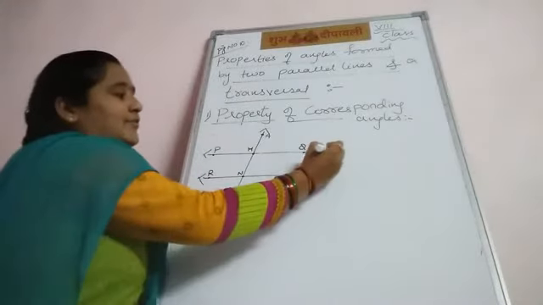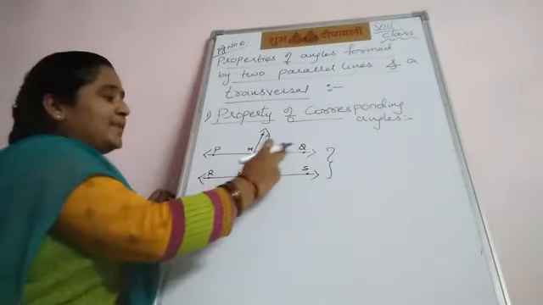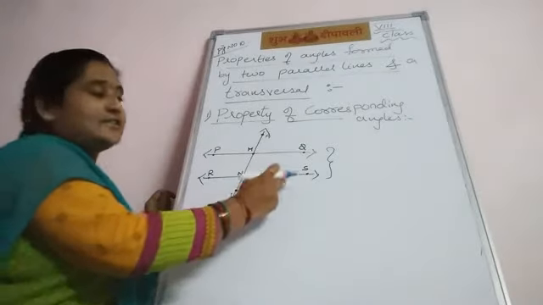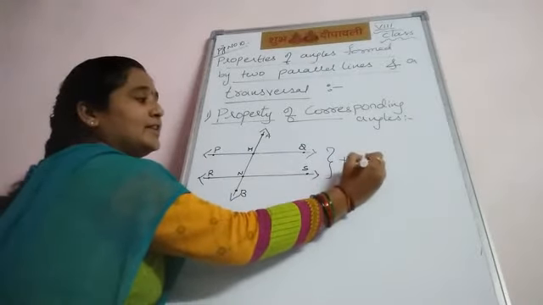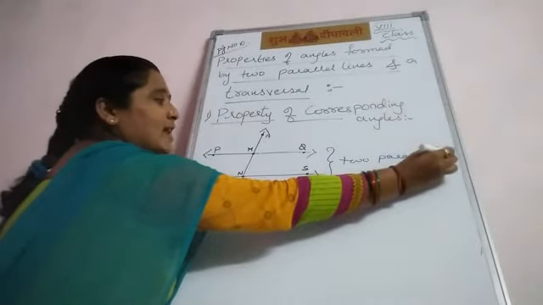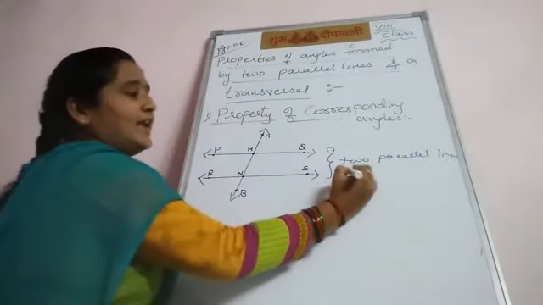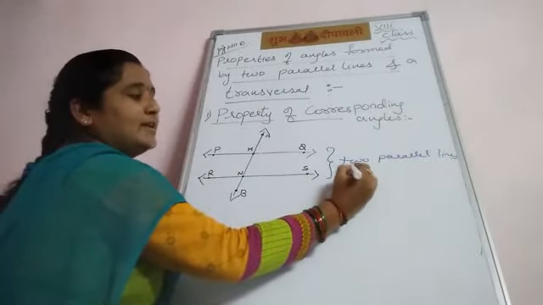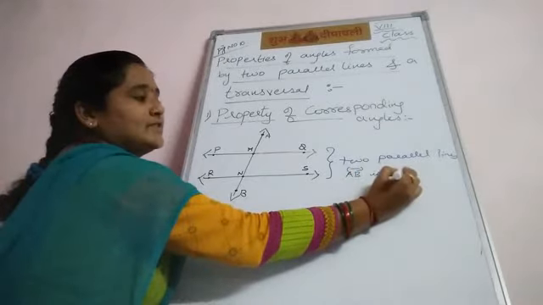Here, if you observe the figure, line PQ and line RS are two parallel lines. And here line AB is what? Transversal.